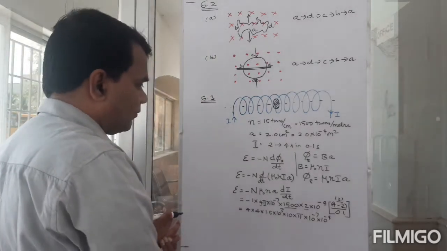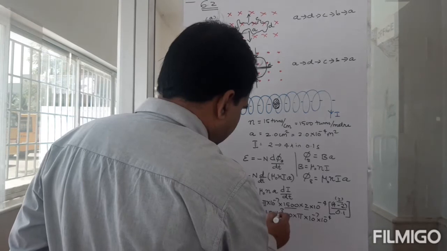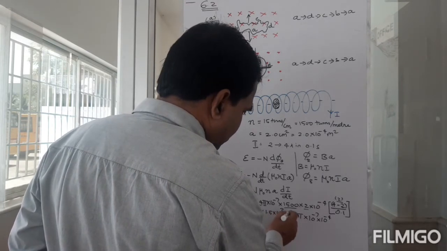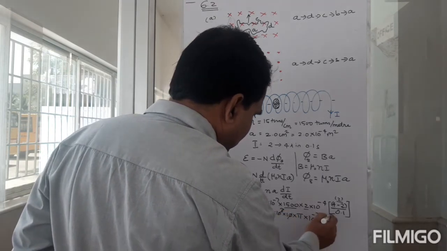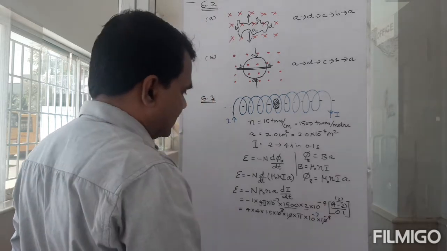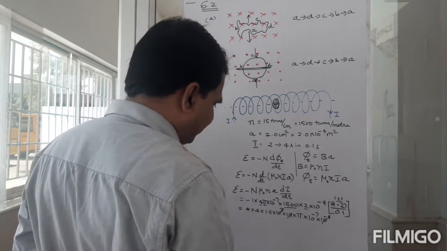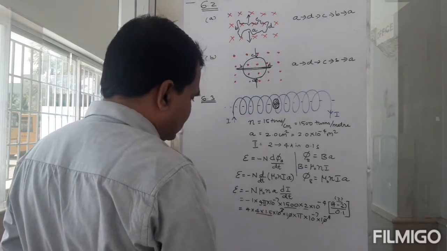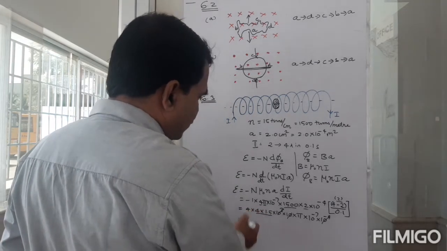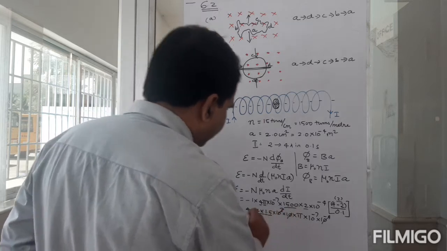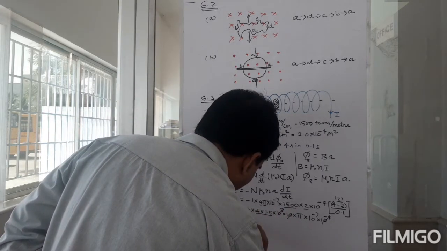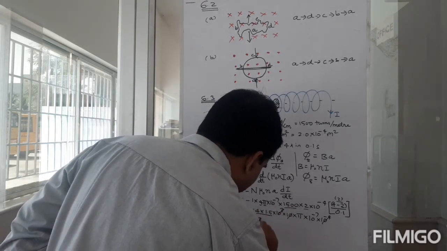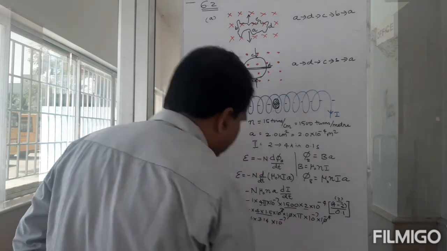Okay, so 10 power 3, 10 power 1, so I can remove this. So I got 10 power minus 7, and this is 4 into 1.5 is 6. 6 into 4 is 24. 24 into 3.14 into 10 power minus 7 volts.